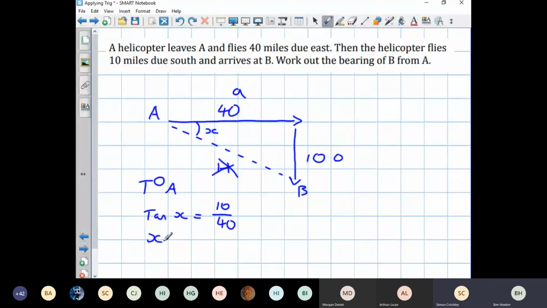Therefore, x is equal to the inverse tan of 10 over 40, which is going to be equal to 14.04 degrees, roughly. Now, am I finished? Worked out x, so I've worked out the angle of A to B, unless someone wants to tell me something different.